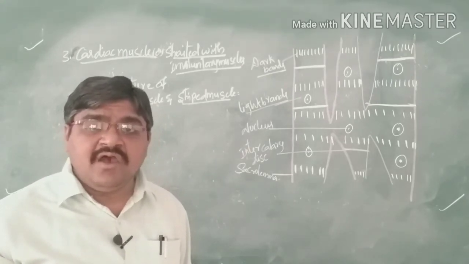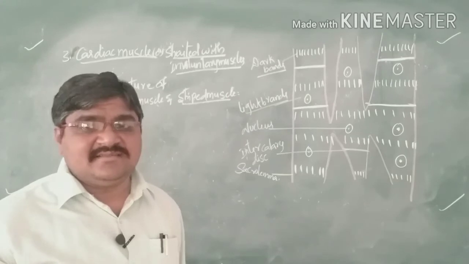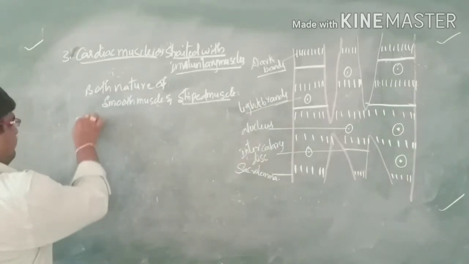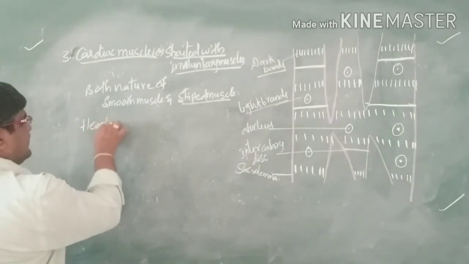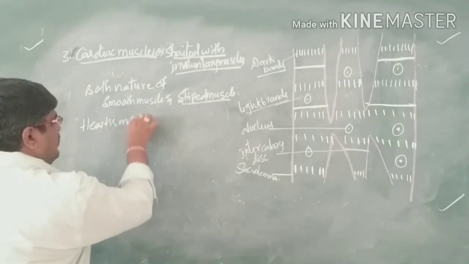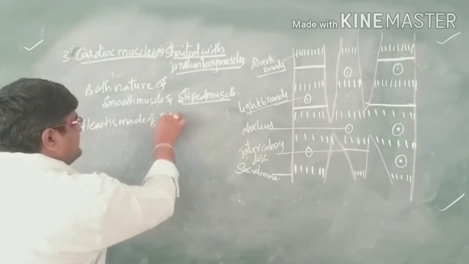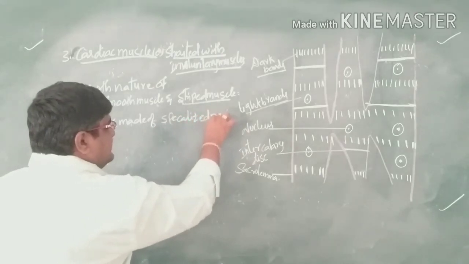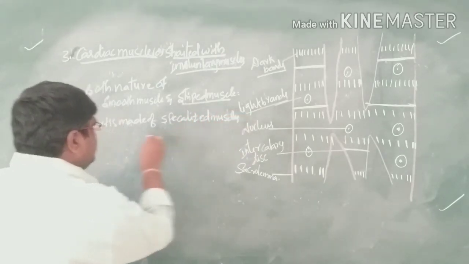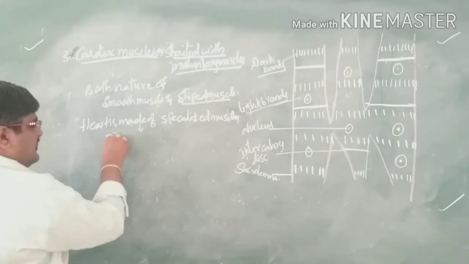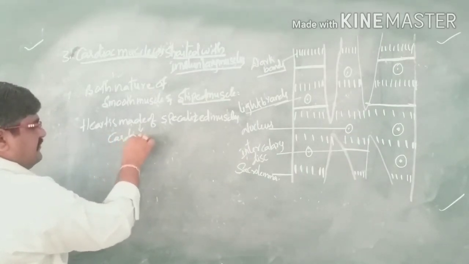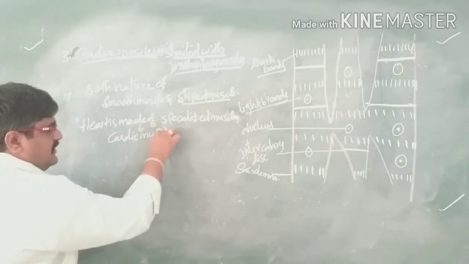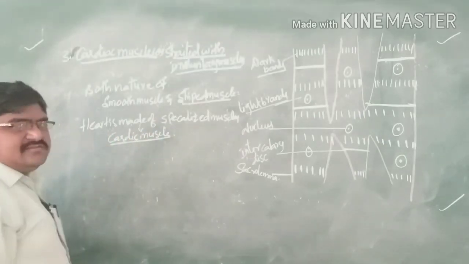The heart is made up of specialized muscles, which we call cardiac muscles or myomuscles.